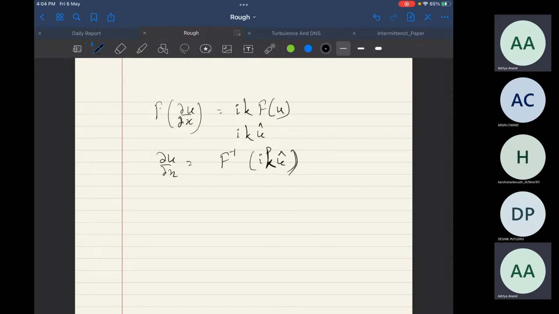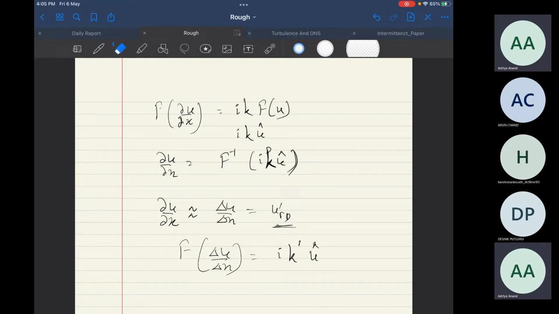Now let's say we have approximated a derivative del u by del x using some finite difference scheme, delta u by delta x. This gives us, let's say, u prime fd. If you take the Fourier transform of this, you can write it in an analogous form like i times a modified wave number k prime times u hat.